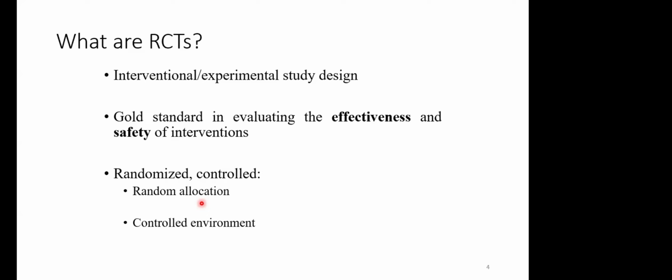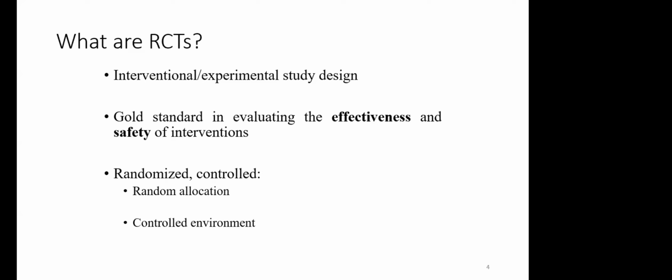And then they're also done in a controlled environment, which means that the trial is conducted under planned, standardized, and closely monitored conditions, so that the only major difference between the groups is the intervention that is being tested.